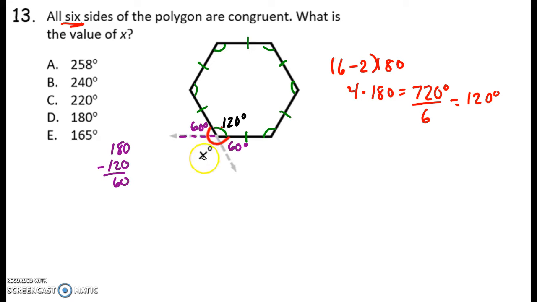Notice 120 and 120 here, they are vertical angles, but it's asking for the measure of all of that, so x would also be, or this value right here would be 120 degrees. So 60 plus 120 plus 60, a total of 240 degrees, letter choice B.